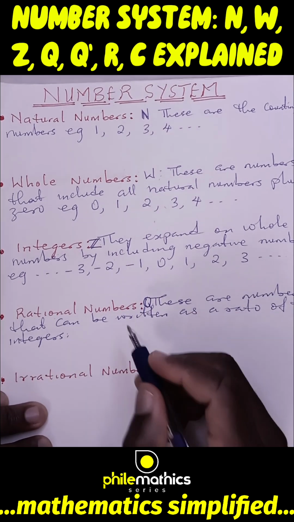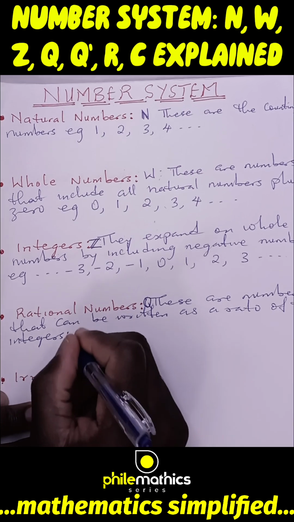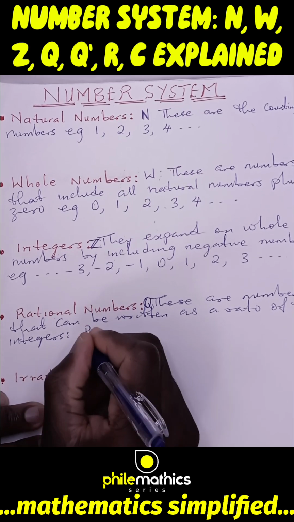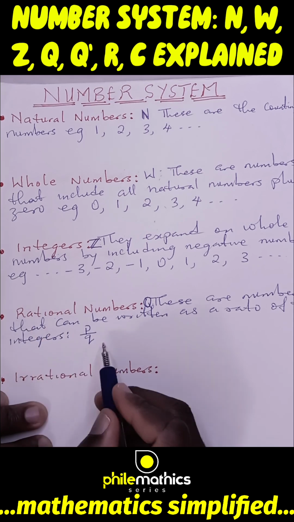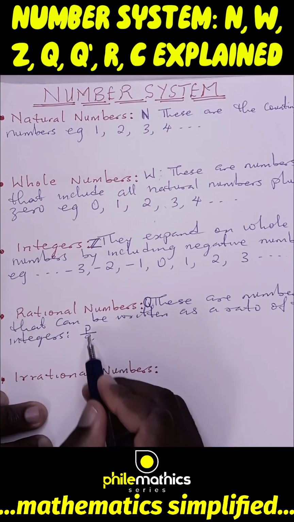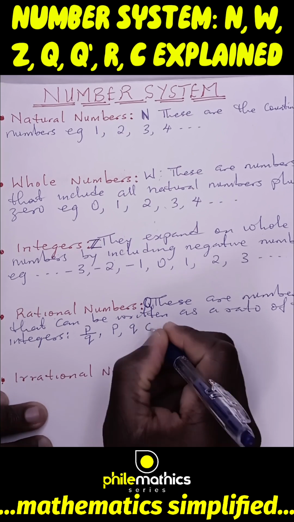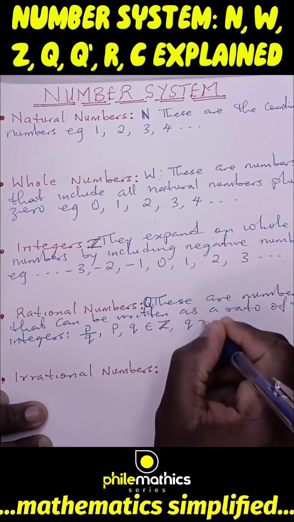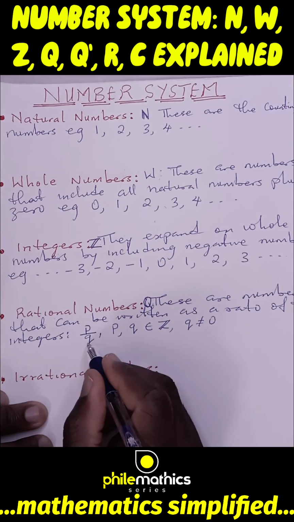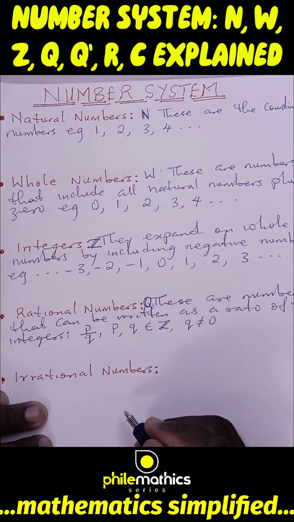They are numbers that can be written as a ratio of two integers. That is P over Q. As the word implies, ratio, they can be written as a ratio of two integers, P and Q, where P and Q are elements of integers and Q is not equal to 0. If Q is equal to 0, that means the number will be undefined, not a rational number.